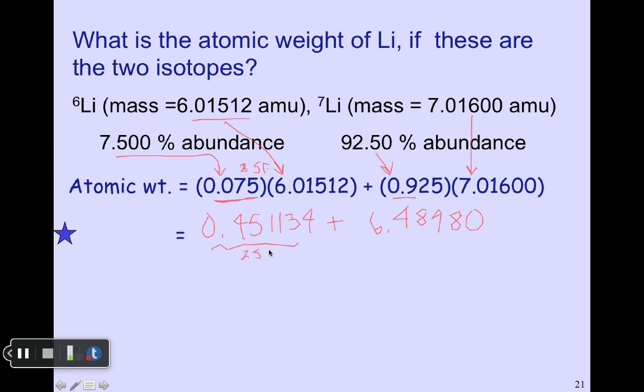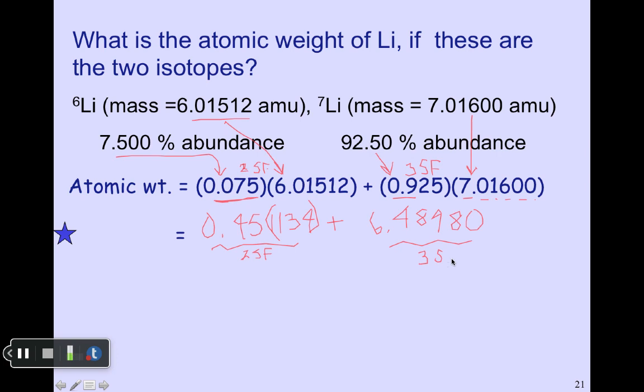Well, 2 sig figs isn't very much compared to what I wrote down, so we would ignore the last digits on that value because they would round down. The other value that is calculated has a 3 sig fig limiting value of 0.925, and so we'll limit this value also to 3 significant digits.